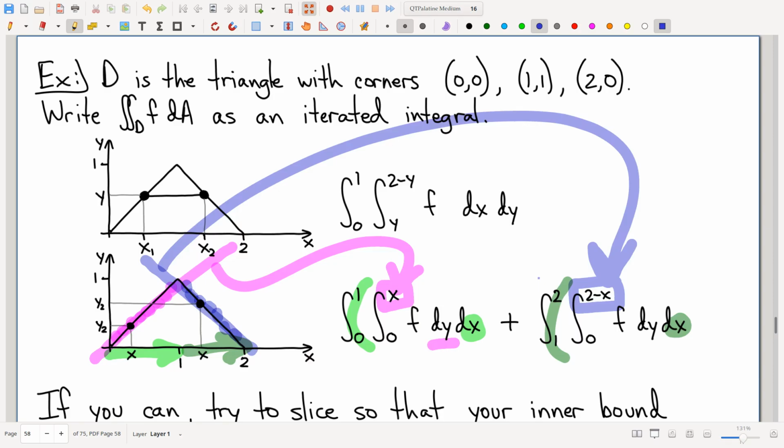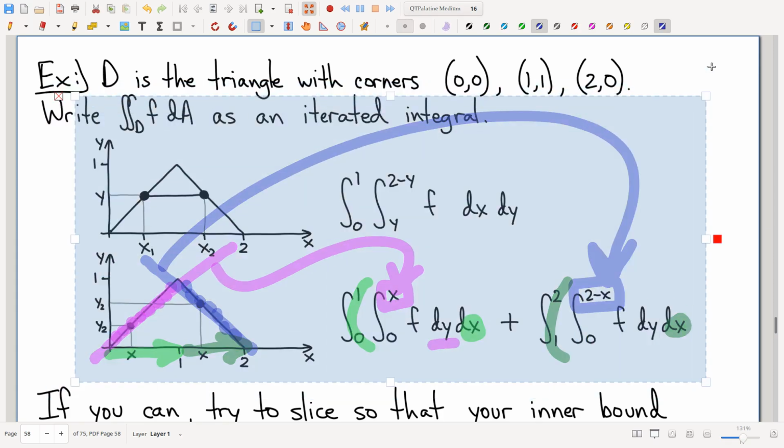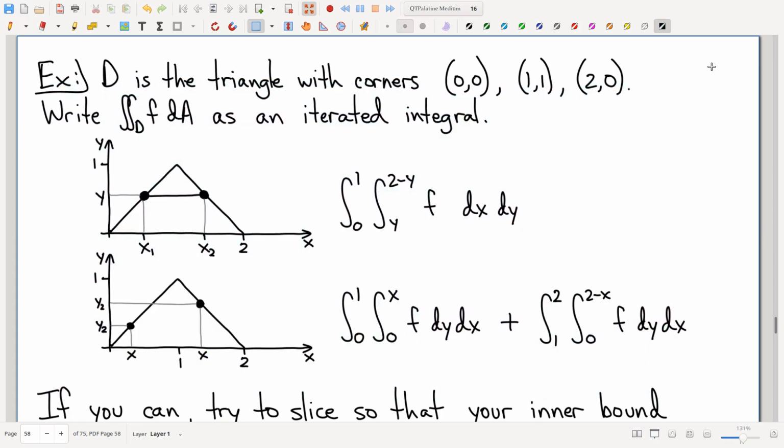So again, how do I anticipate this in advance? I don't want to have to do it both ways and then subsequently make my choice. How do I see it coming? And here's my take on it. As you're going in the x direction, as I'm looking at x slices, I sliced through a corner.